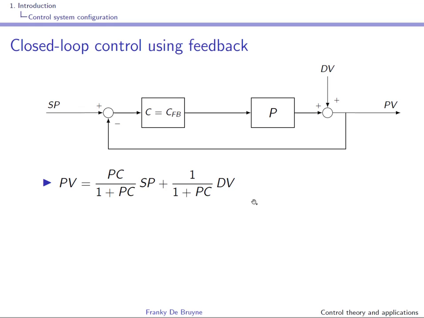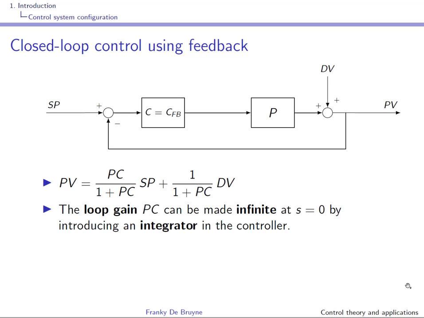So we can kind of see here that feedback mitigates the effect of output disturbances. In fact, what is often done is to make the loop gain PC infinite at S is equal to 0 by adding or introducing an integrator in the controller.